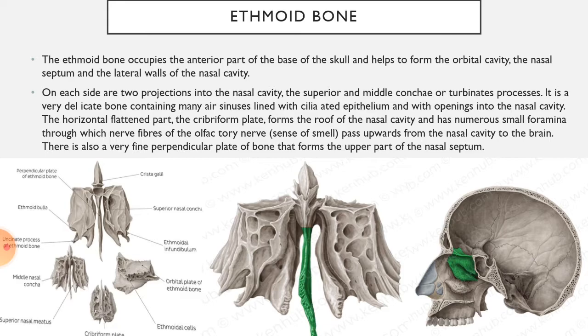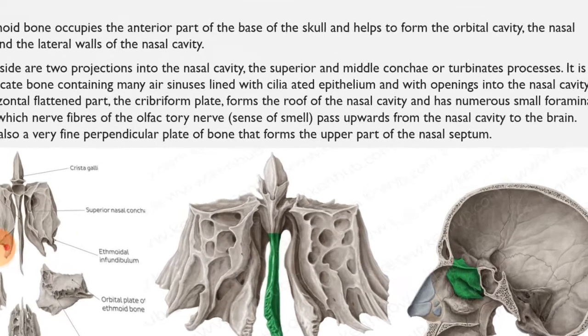It is a very delicate bone containing many air sinuses lined with the ciliated epithelium and with openings into the nasal cavity. The horizontal flattened part, the cribriform plate, forms the roof of the nasal cavity and has numerous small foramina through which the nerve fibers of the olfactory nerve, sense of smell, pass upwards from the nasal cavity to the brain. There is also a very fine perpendicular plate of the bone that forms the upper part of the nasal cavity.